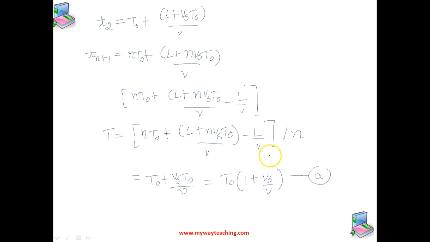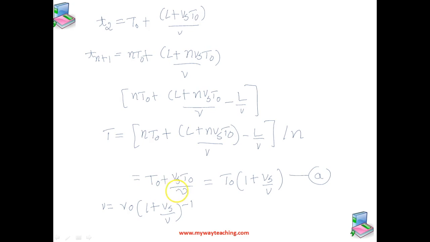It can be rewritten in terms of the frequency ν0 that would be measured if the source and observer were stationary, and the frequency ν observed when the source is moving. So when we rewrite, we get ν is equal to ν0 (1 plus Vs by V) inverse.